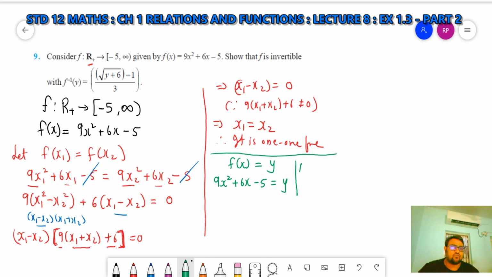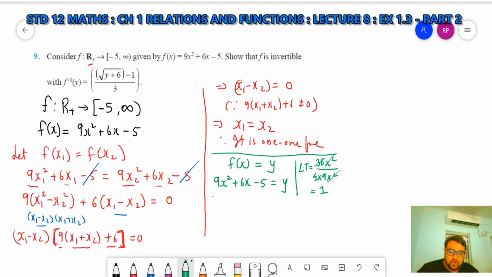So what is the formula for last term? Middle term square upon 4 into first term. What is middle term here? 6x. So 6x square, 4 into first term, so 4 into 9x square. X square cancel. 9 4s are 36. So this will also get cancelled. So it is equal to 1.